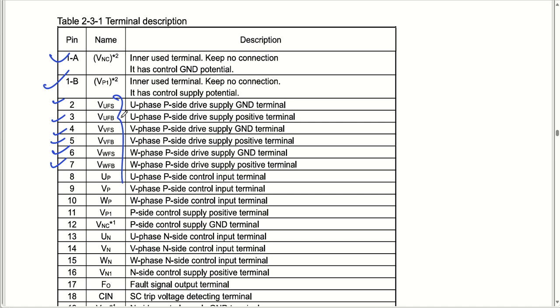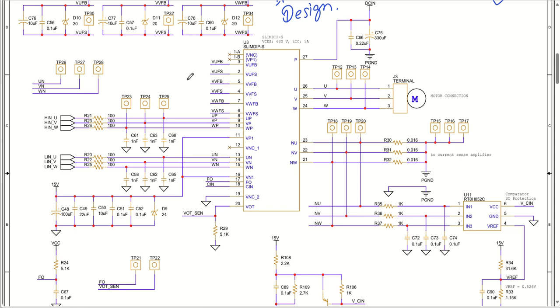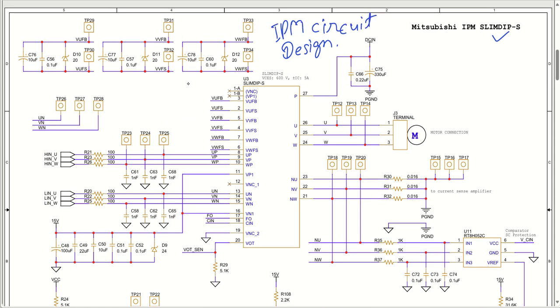B is the positive terminal and S is the ground terminal. So UFS is ground and UFB is positive, and the ground is connected. This is how the complete circuit has been designed, with a capacitor plus this clamping diode.